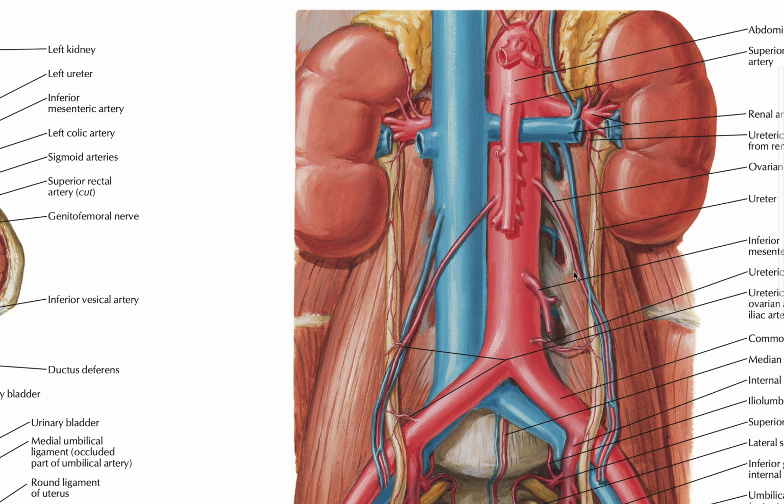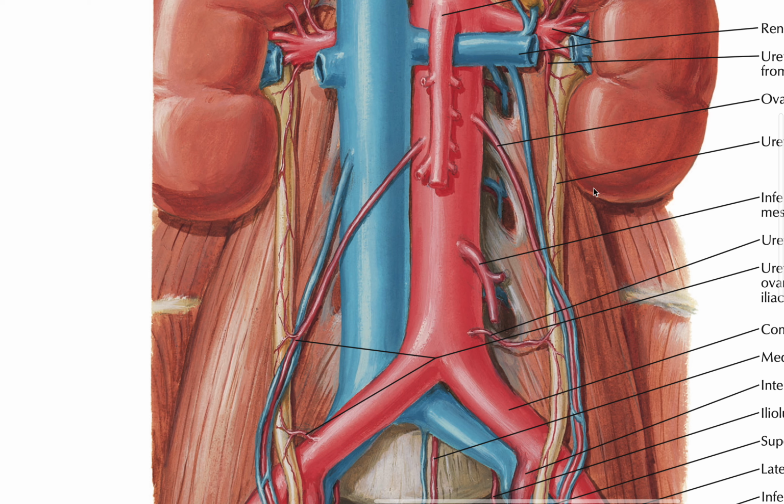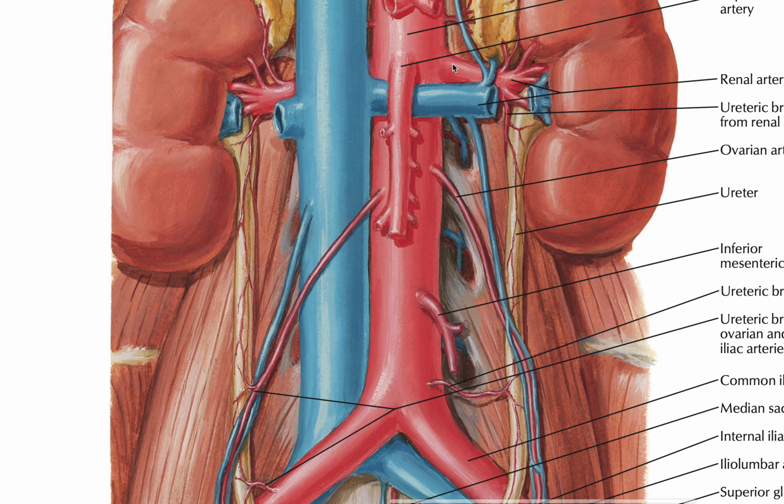The blood supply to the proximal part of the ureter is derived from the ureteric branch from the renal artery. As you can see, this is the renal artery, and this small branch is the ureteric branch from the renal artery that supplies the proximal part of the ureter.